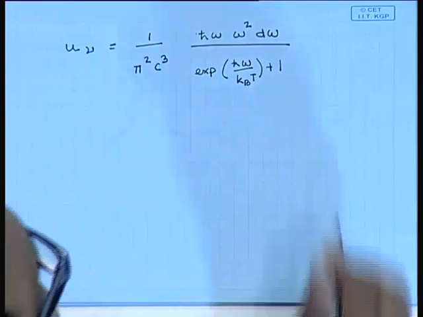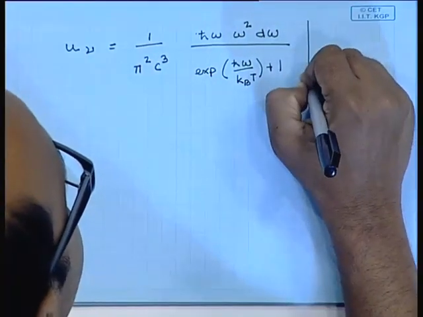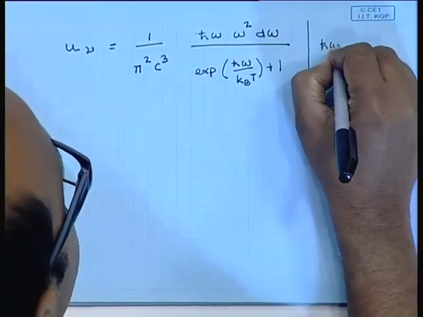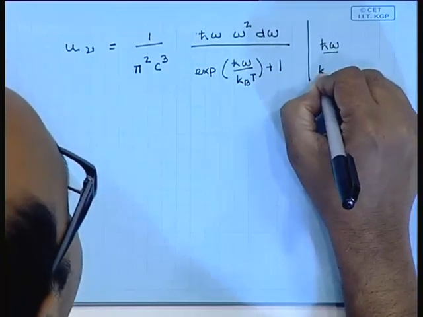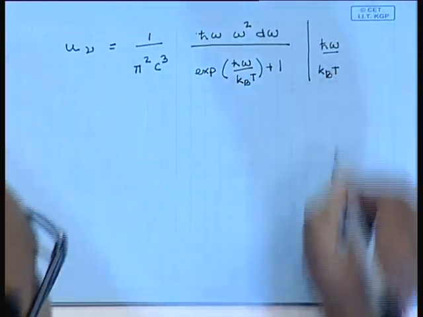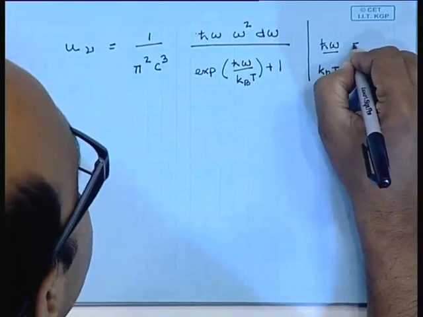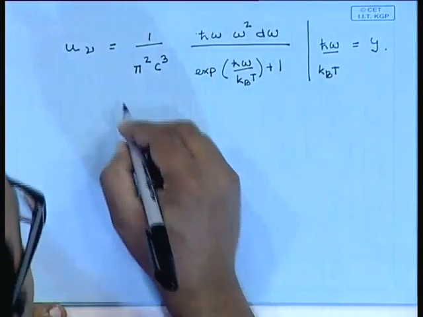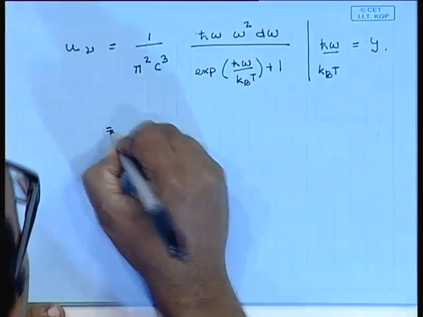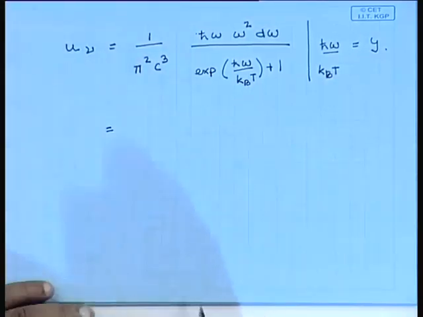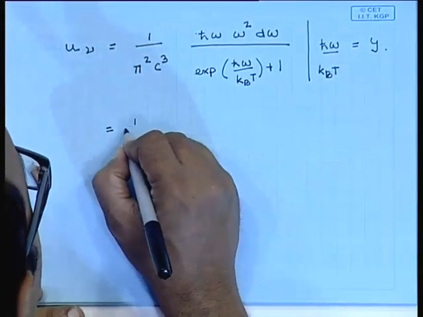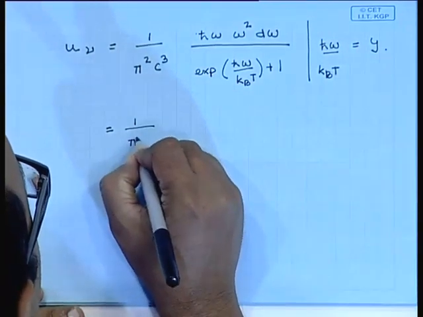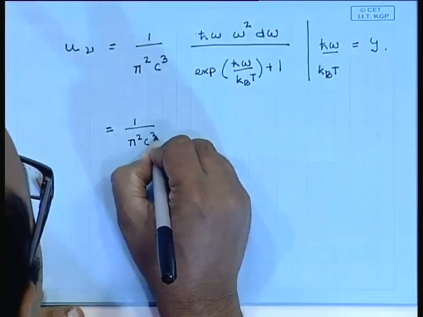Again we can define h cross omega by kB T to be equal to y. With this definition, this becomes 1 by pi square c cube.